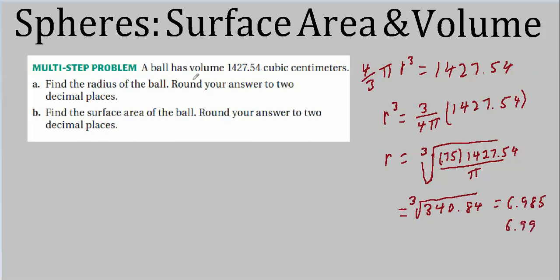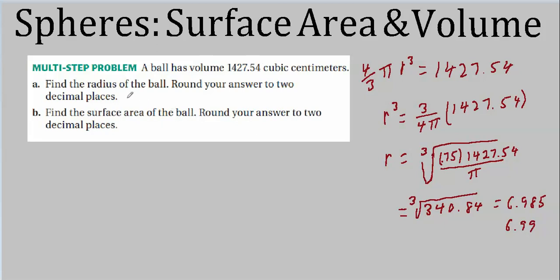Now that we have the radius, and they gave us the volume, well, let's see here. We could of course use our 4 pi r squared. Or, just for fun, we could figure out the surface area just by knowing the volume and the radius without actually using the surface area equation.